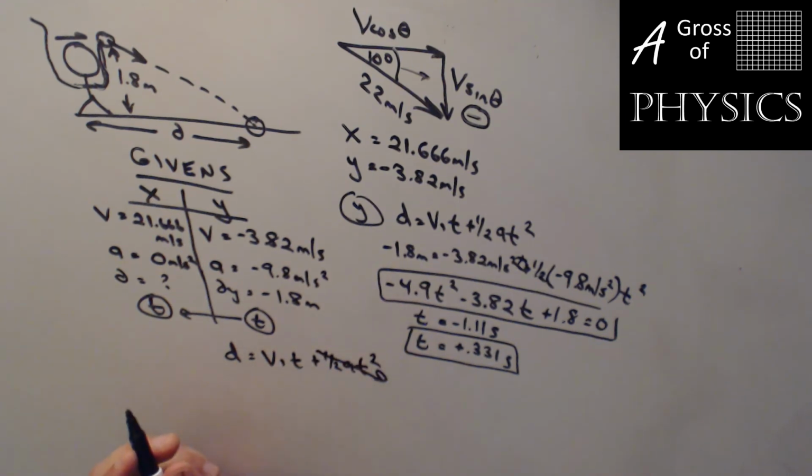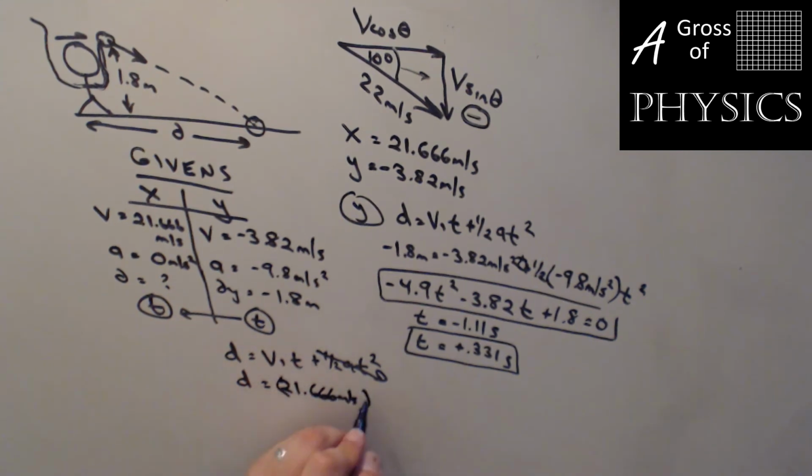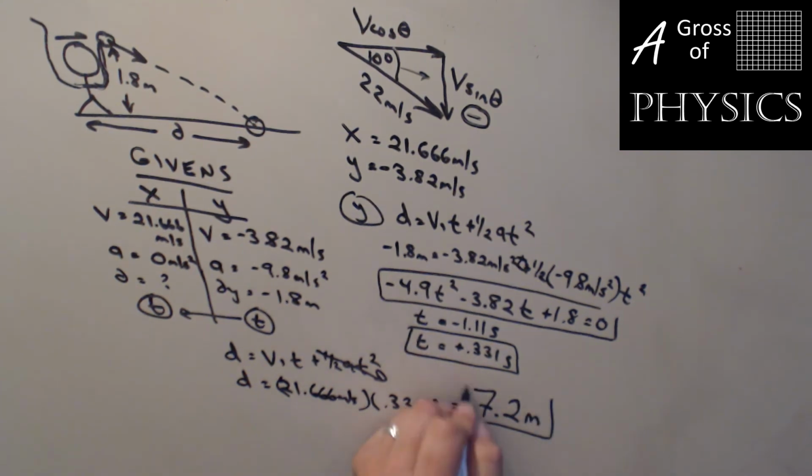The a term cancels, and we're left with d equals 21.666 meters per second times 0.331 seconds. When I multiply that, I'm getting 7.2 meters. I got 7.171, but I'll just round that to 7.2 meters.